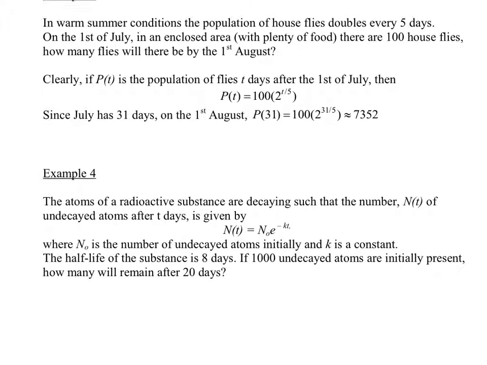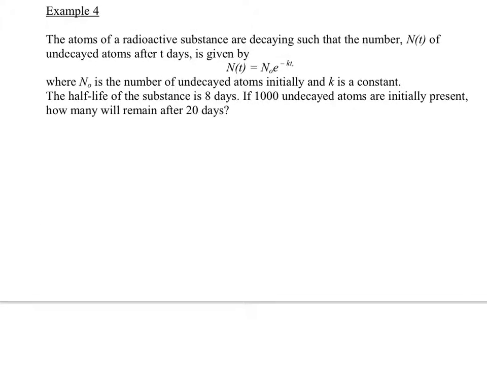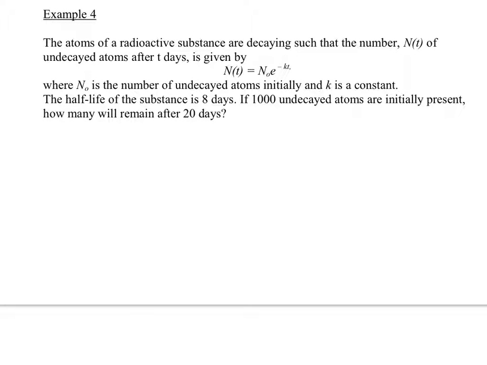Now in this next example, example 4, we're talking about radioactive decay. We start off with 1,000 undecayed atoms, and we want to know how many will still be undecayed after 20 days, if the half-life of the substance is 8 days.